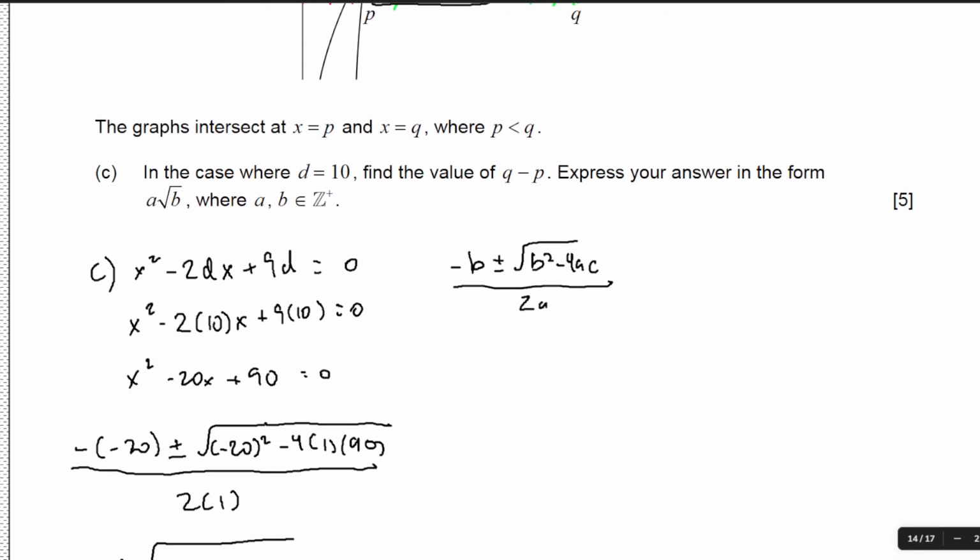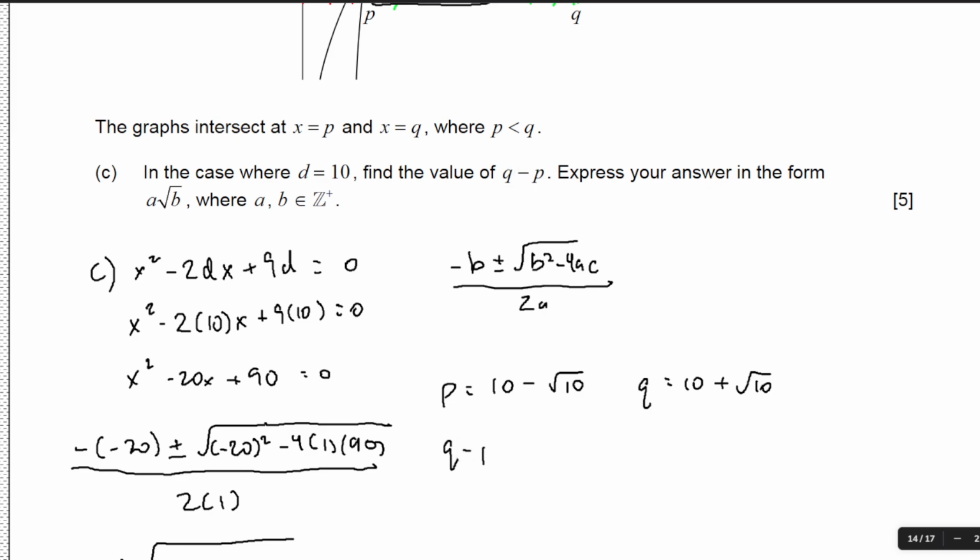Okay, so let's see the things that we have to see. P is less than Q, okay? So that means that our P here is actually 10 minus root of 10, and Q is equal to 10 plus root of 10. And since we're trying to find the value in between these two, we have to find Q minus P, okay?